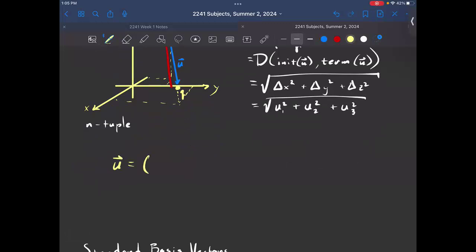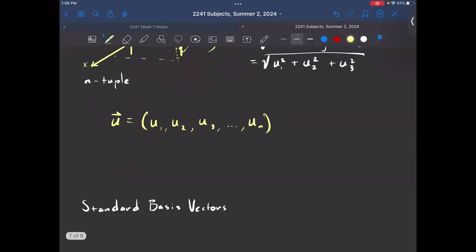So an n-tuple is just a list of real numbers. And I do want this to be an ordered list. So there's a first, second, third, and so on position. And we have n positions. So maybe n is like 17 or 104 or 563. It could just be any list.